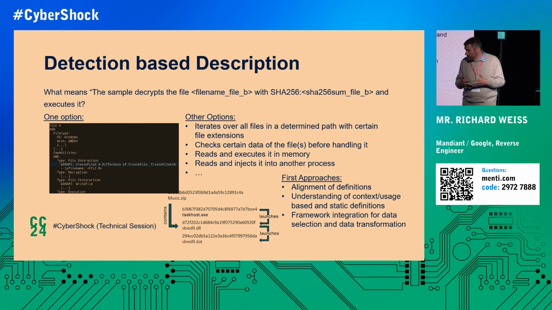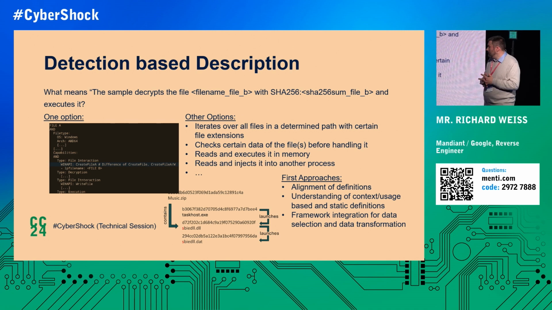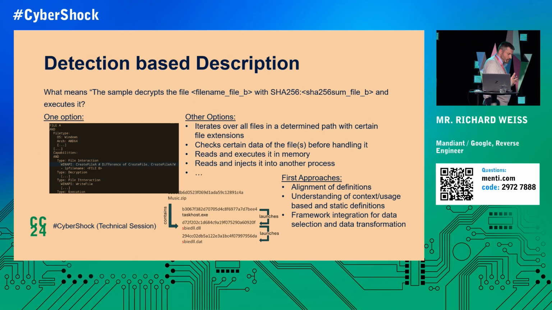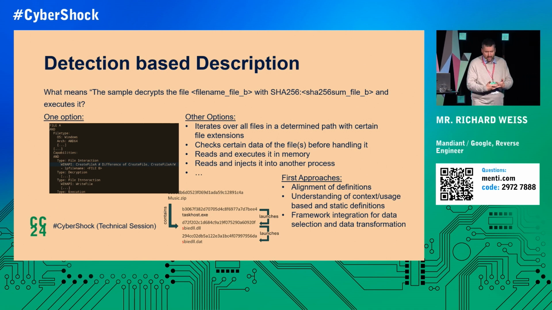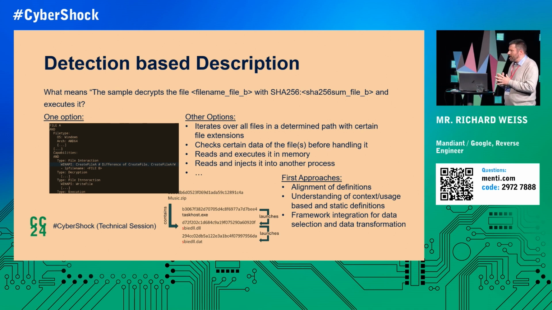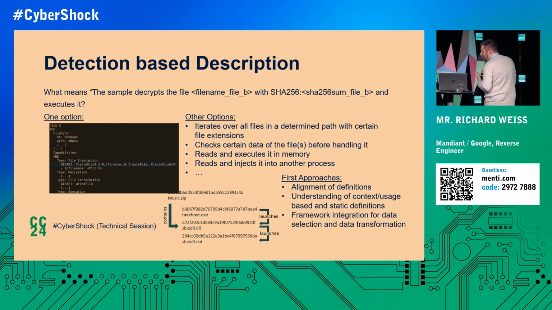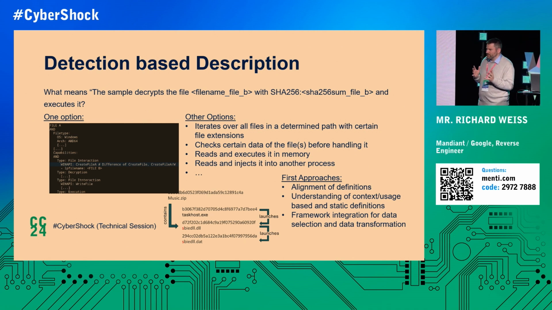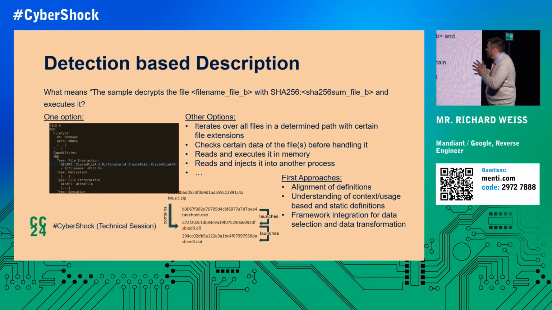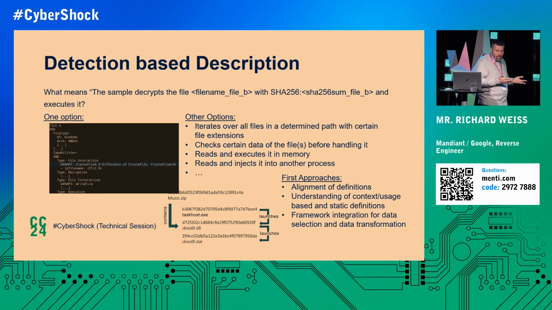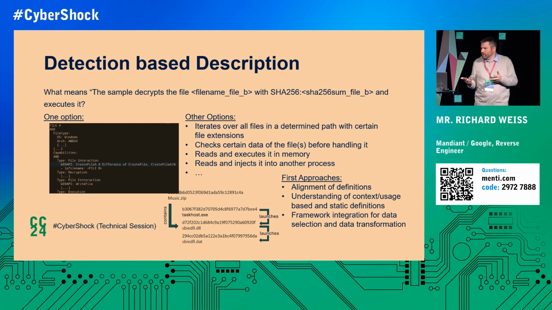The first thing you see on the left: it uses the Win API CreateFile, opens the file, decrypts the buffer, writes the buffer to the file itself, and then executes the file from the system, like we would execute command.exe or cmd.exe. Then it is a different indicator set or detection mechanism. Then it has another approach, which is iterating through the file system, identifying all files in a certain directory, decrypting them, and executing them. Execution in memory is also different.